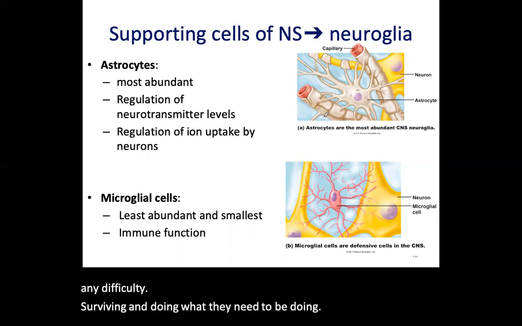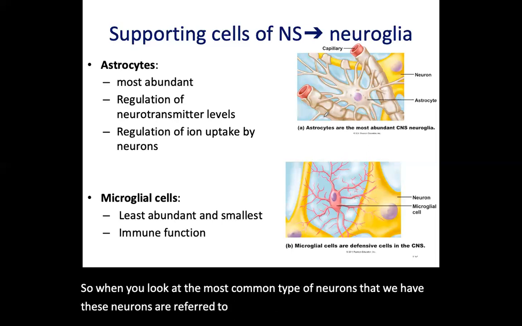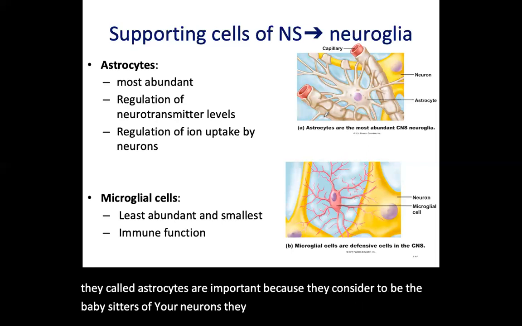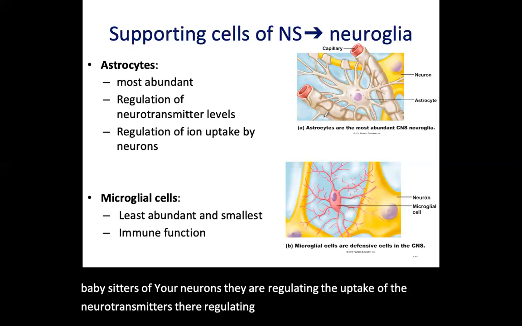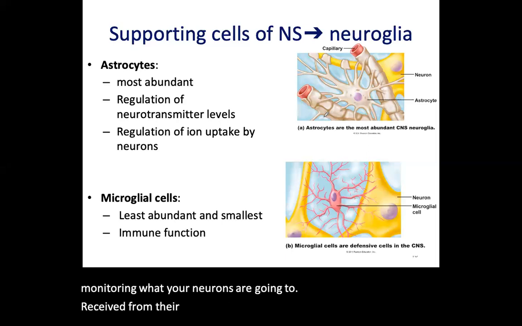So when you look at the most common type of supporting cells for the neurons, they're called astrocytes. Astrocytes are important because they're considered to be the babysitters of your neurons. They are regulating the uptake of the neurotransmitters, they're monitoring what your neurons are going to receive from their environment and from the blood vessels.